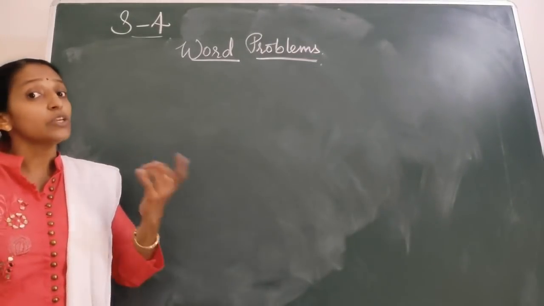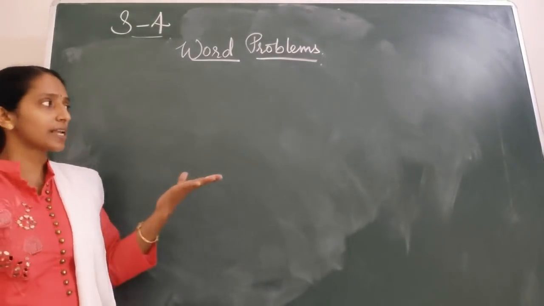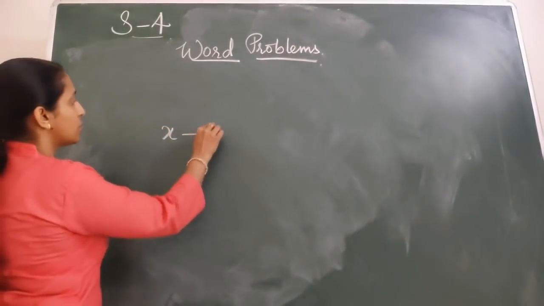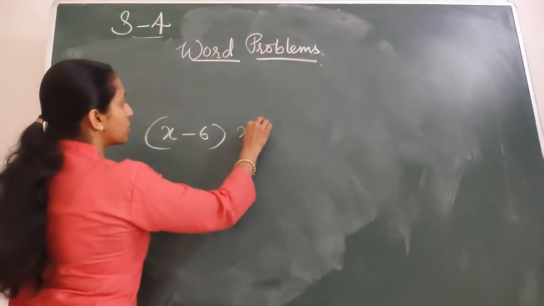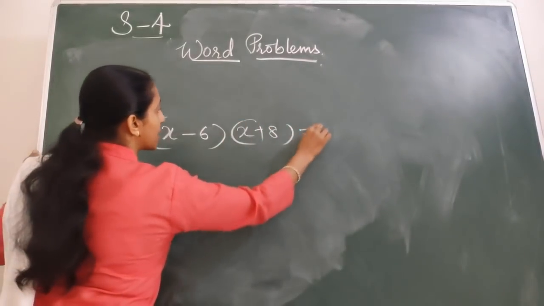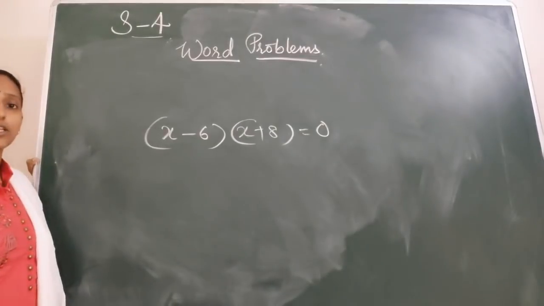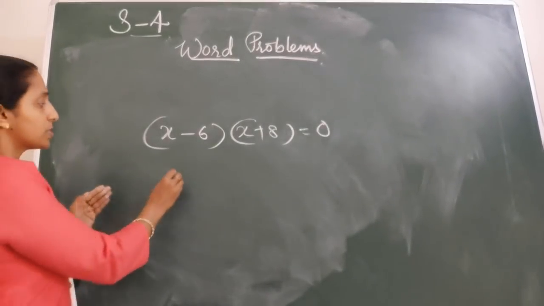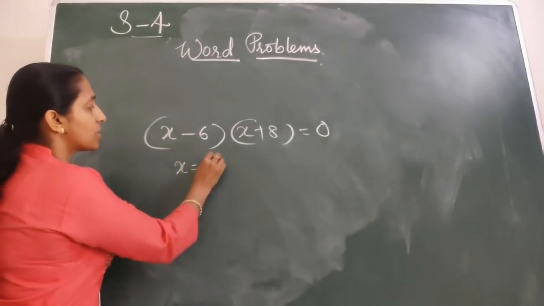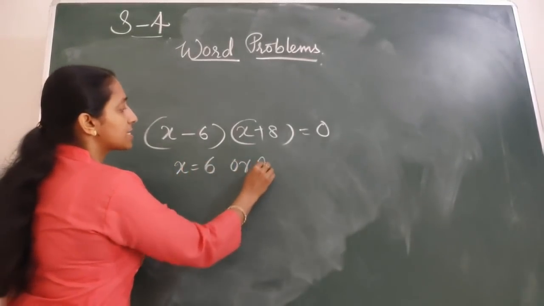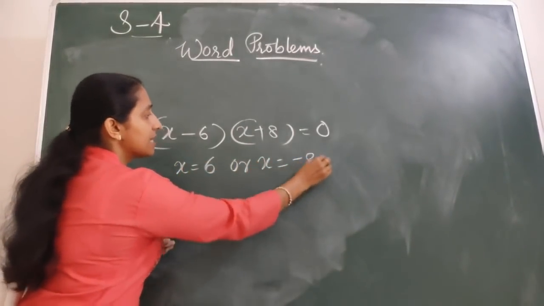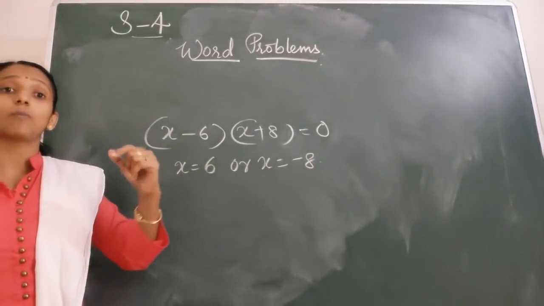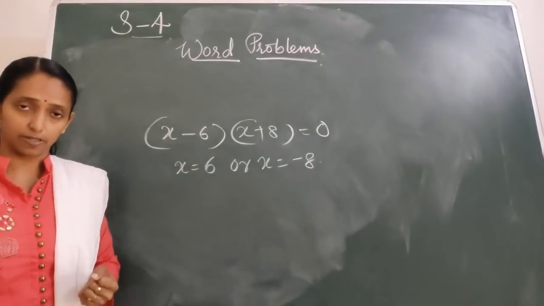As I have told you, if after factorization you are getting x minus 6 into x plus 8 equal to 0, then by applying the zero product rule, you will get either x equal to 6 or x equal to minus 8.